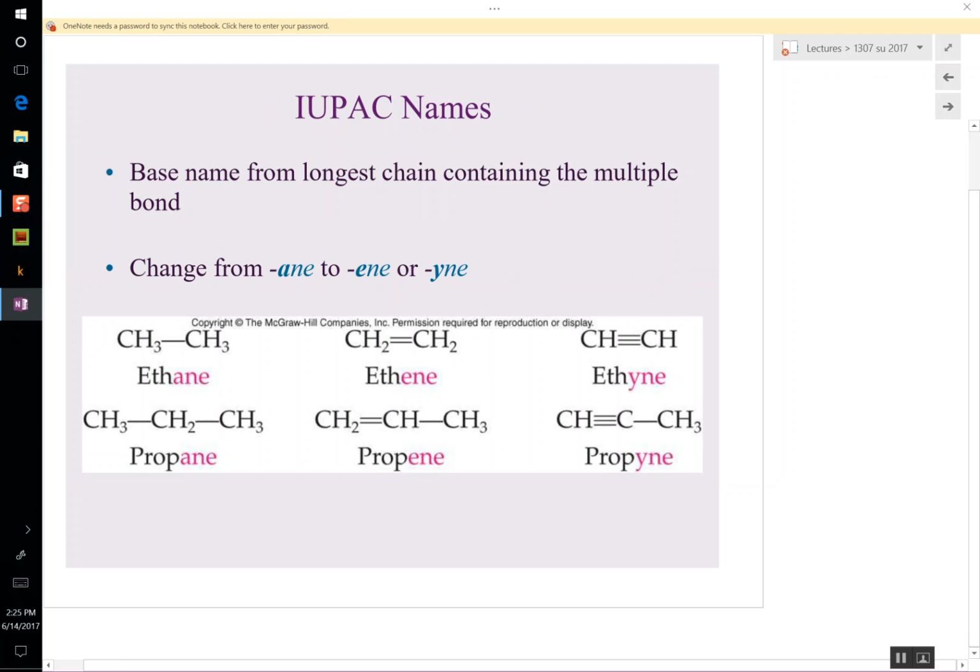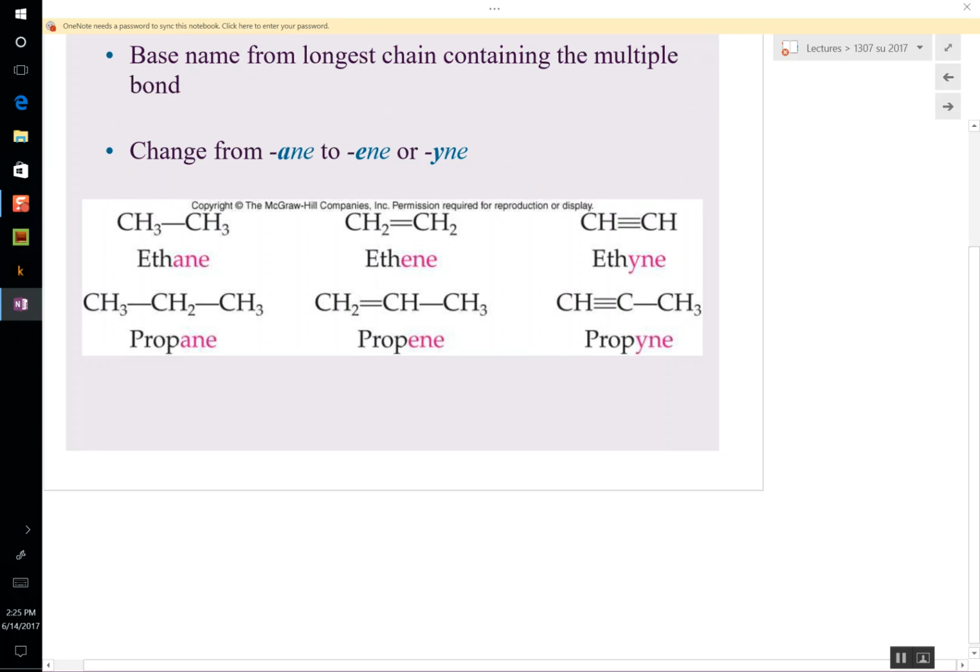Okay, IUPAC names. So ethane, propane, we've got ethene, propene, ethyne, propyne. Now propene and propyne, neither of those needs a number in the name because there's really not too many other places.